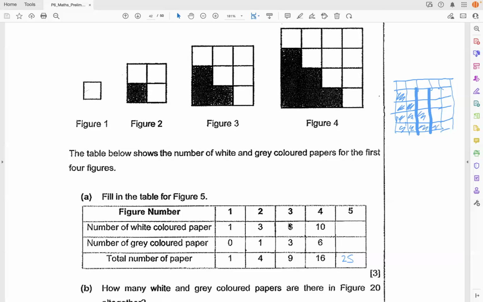So number of white colored paper will be, you can count them. So it's 1, 2, 3, 4, 5, 6, 7, 8, 9, 10, 11, 12, 13, 14, 15. All right. Number of gray color paper will be just 25 minus 15. That'll be 10.